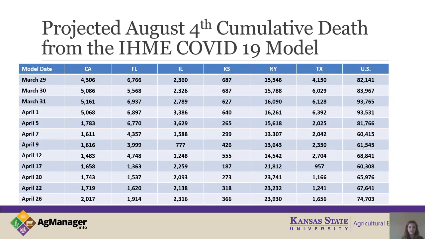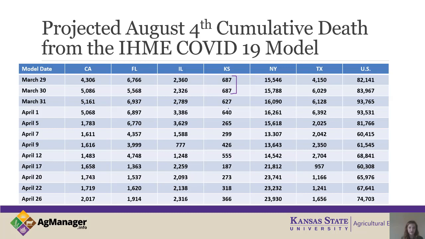Again, just looking at the projected cumulative death. August 4th is when this model ends. Looking at how the cumulative death on August 4th has changed gives us an idea of what deaths were expected with each model release. So we can really see in Kansas, we started off at a pretty high number here at 687.